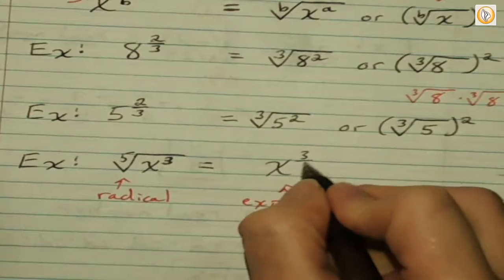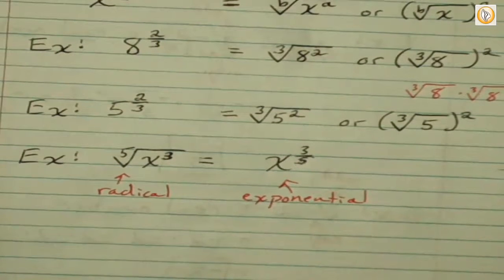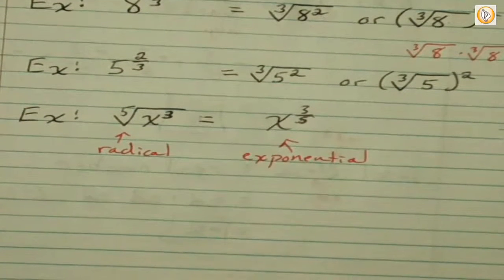Yep. That's a 5. Y'all see that? You're going to have to be able to go back and forth, back and forth. Any questions about that? Let y'all copy it down. I got more.